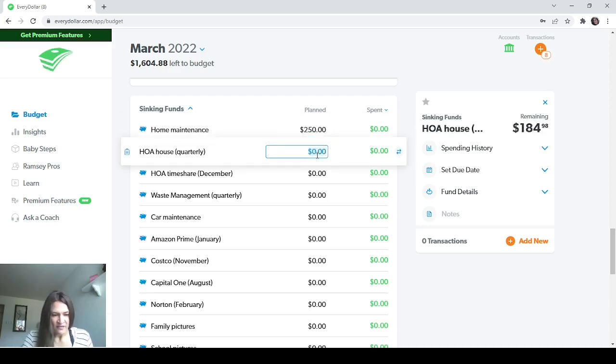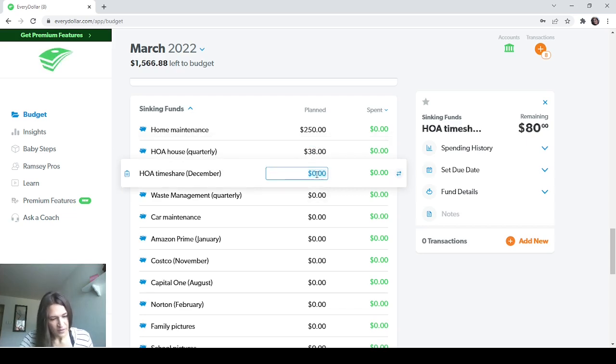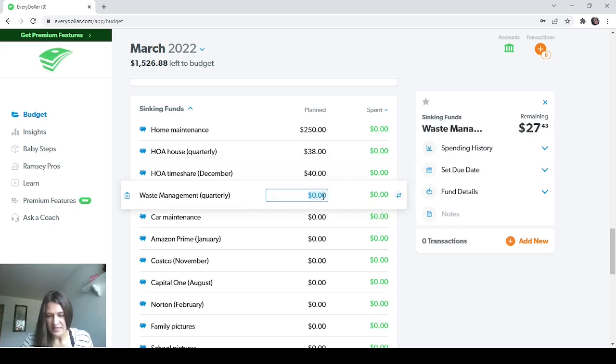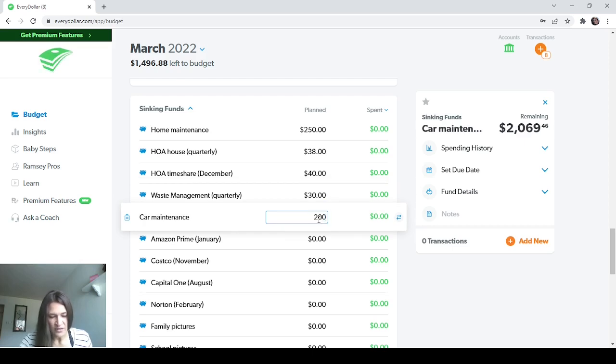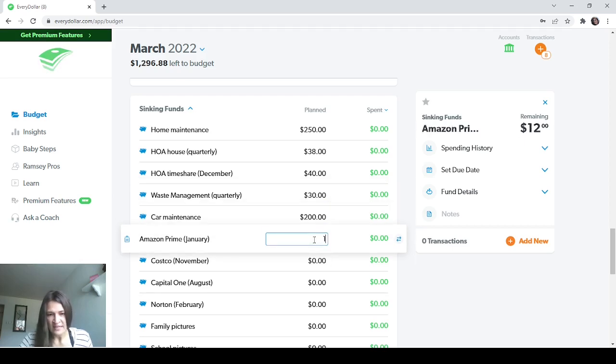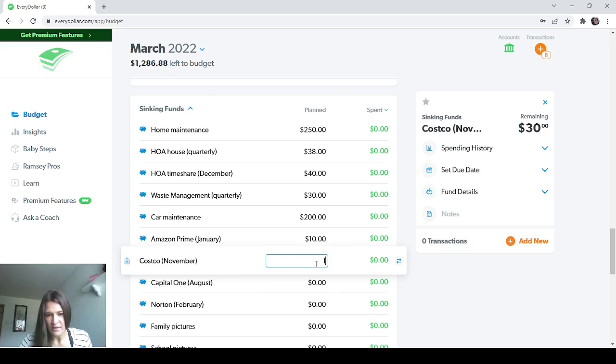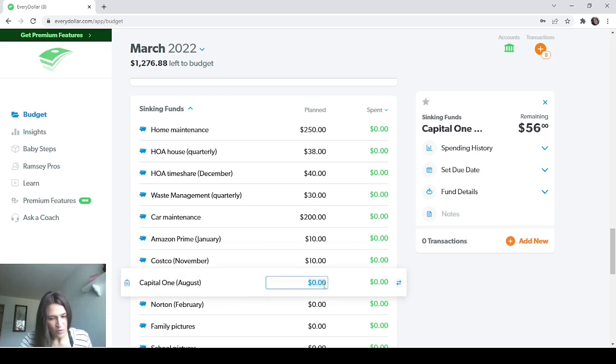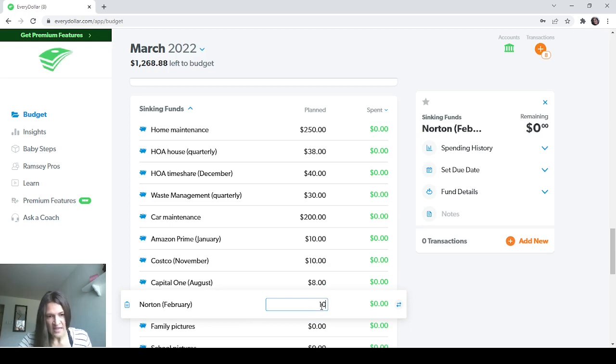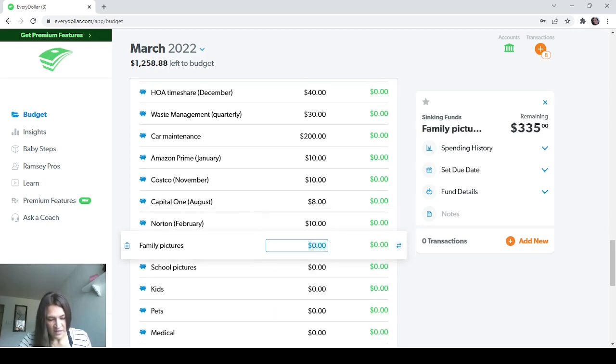Next, we have our HOA, that gets $38. The timeshare is $40. Waste management is $30. Car maintenance is going to get $200. Amazon gets $10. Costco gets $10. Capital One is $8. Norton 10. Family pictures is 25.